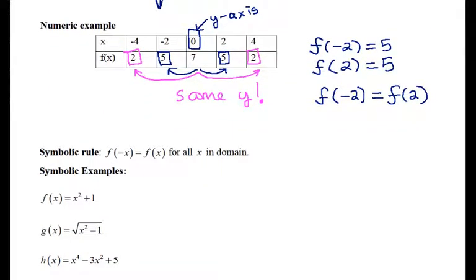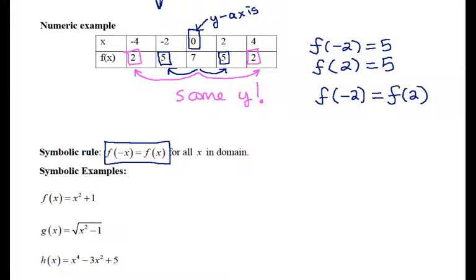The symbolic rule for symmetry about the y-axis is that f(-x) is equal to f(x) for all x in the domain. This is the same thing as saying that the y values, which is f(x) or f(-x), are going to be the same as long as our x values are opposites of each other or are the same distance from the y-axis in both directions.